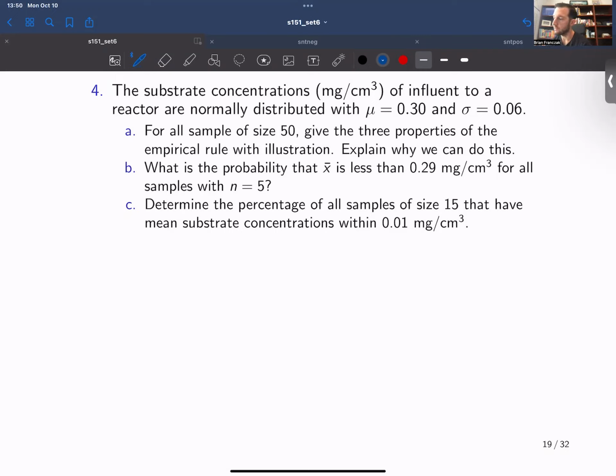The question says the substrate concentrations in milligram per centimeter cubed of influent to a reactor are normally distributed with mu equals 0.3 and sigma 0.06. So we are measuring the substrate concentrations of influent to a reactor.